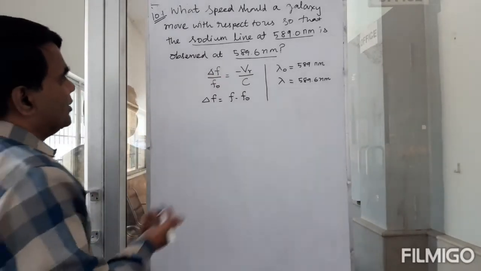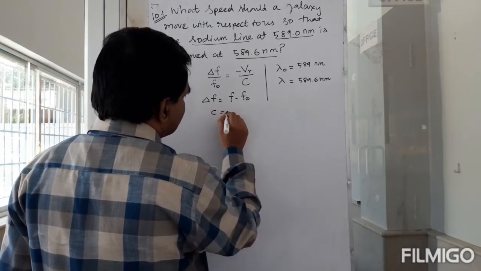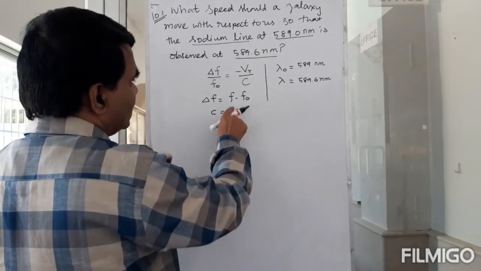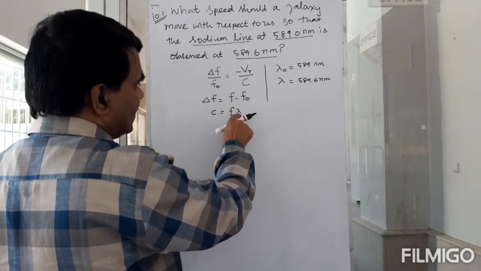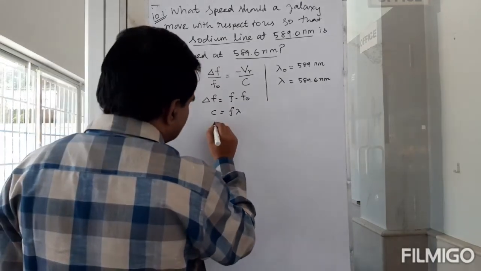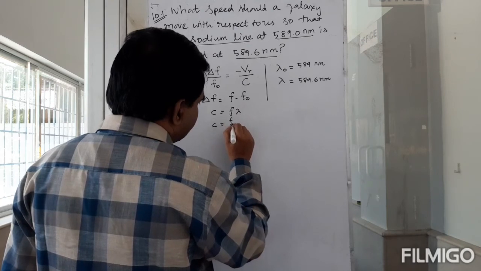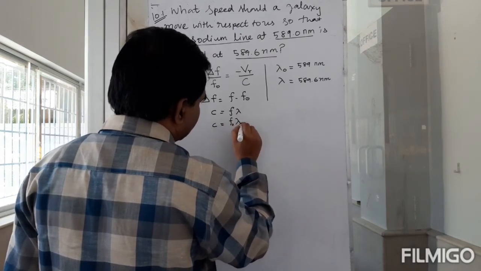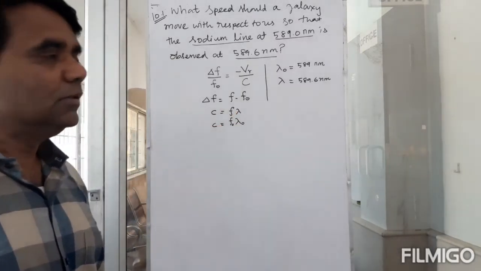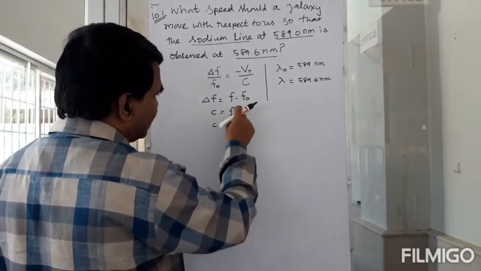Okay. And what do we know? I know that c is equal to f lambda, the observed frequency and the observed wavelength. And c is also equal to f naught lambda naught, the source frequency and the source wavelength. Both are right. So can I express f in terms of c and lambda?